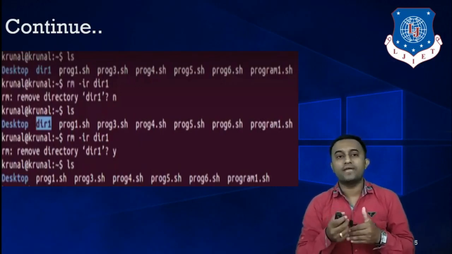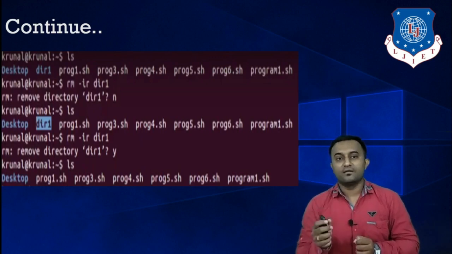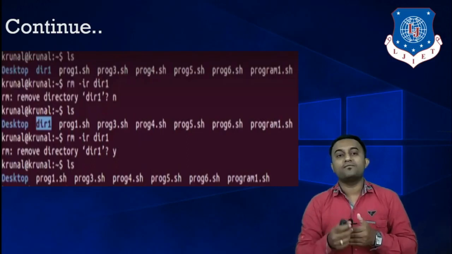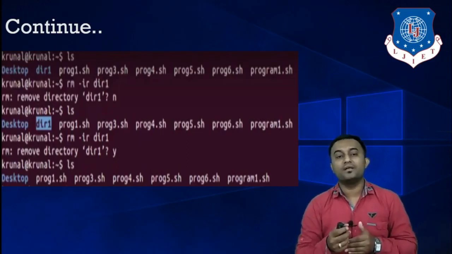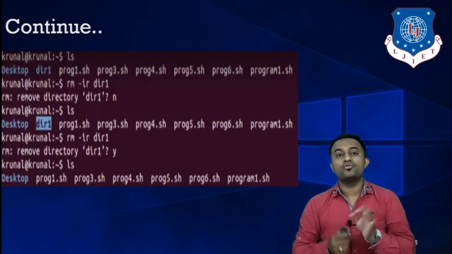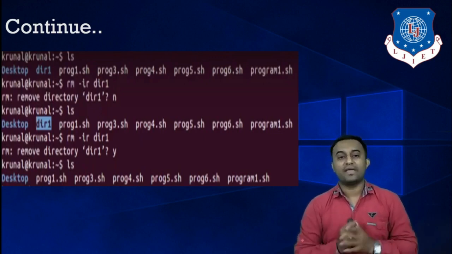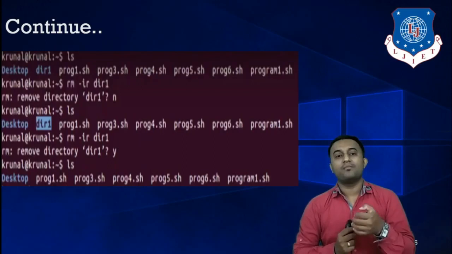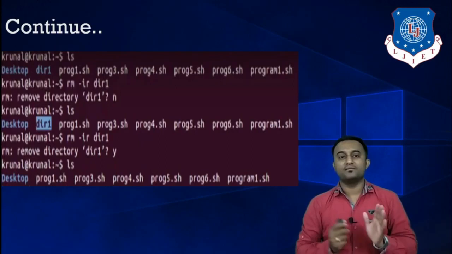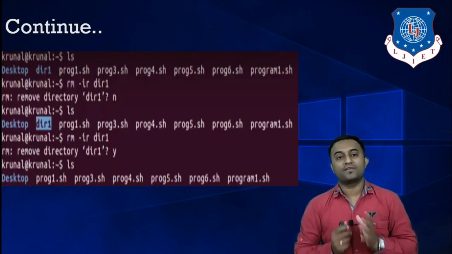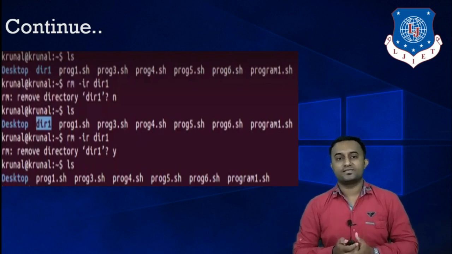While you press enter after firing this command, it will ask you at runtime whether you want to remove this directory. If you say no, the command will not be executed, but if you say yes, it will be executed. By firing the ls command you can observe that if you press n, the directory will not be removed, and if you say yes, the directory will be removed.